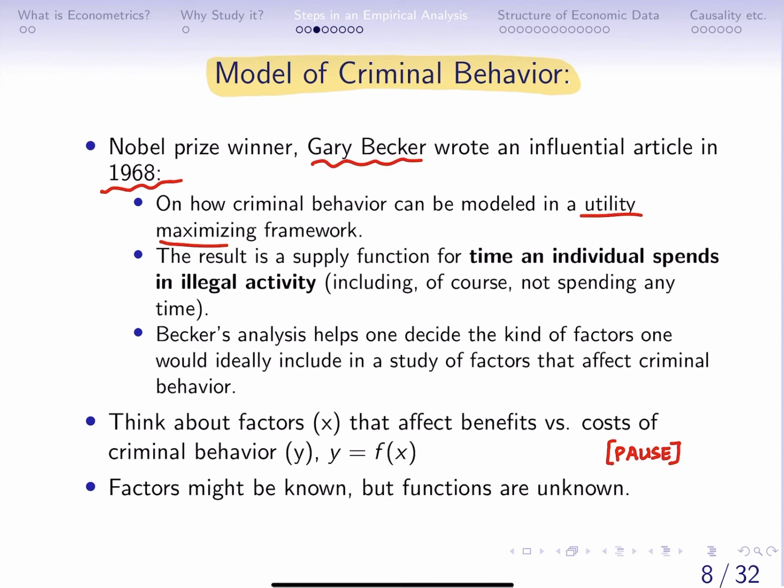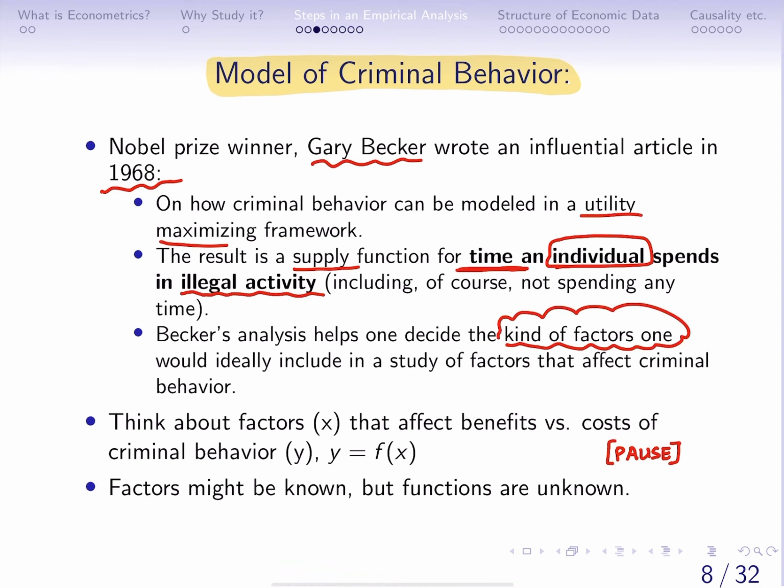So let's think about some sort of a supply function for time, right? And when we're thinking about time, we're thinking about really an individual. This individual is making a decision on how much time they want to spend doing illegal activities, okay, versus not. So you want to think about what are the factors that would affect criminal behavior.